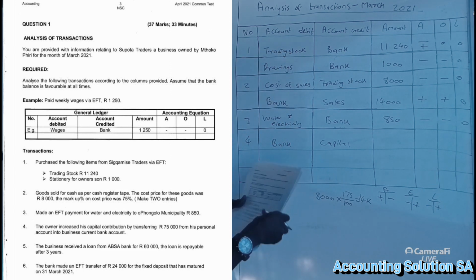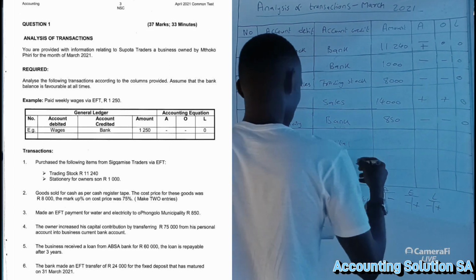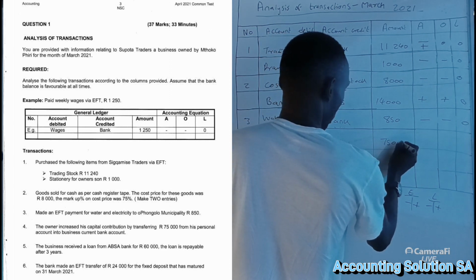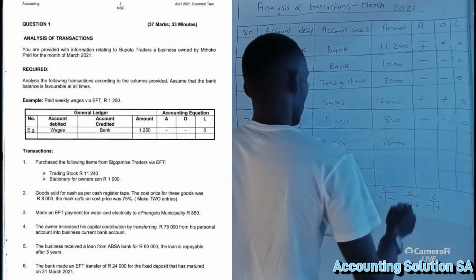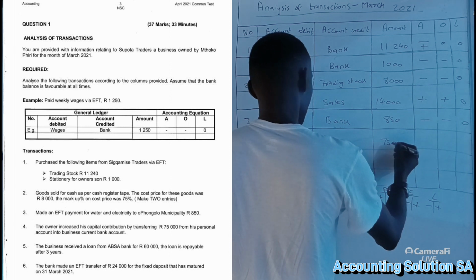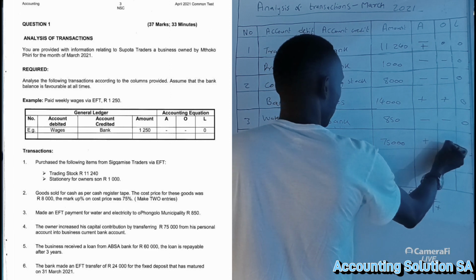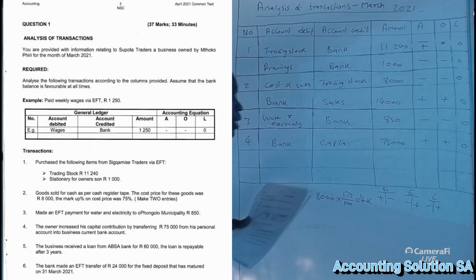We receive money. He contributed cash. Okay, and the amount is 75,000. Which means that bank is going to be plus and the capital is going to be a plus. Then this side will be unchanged.